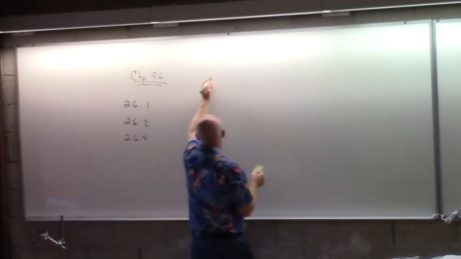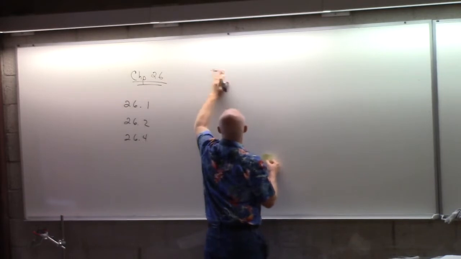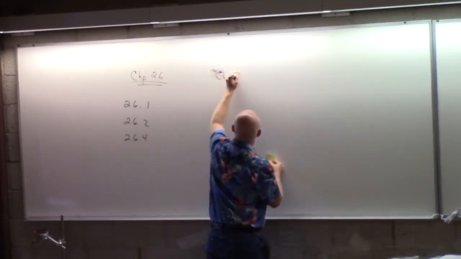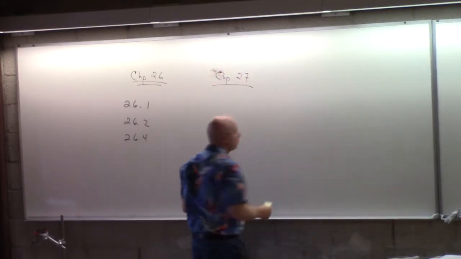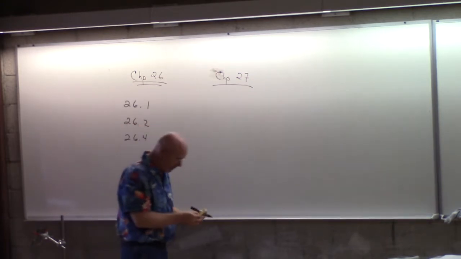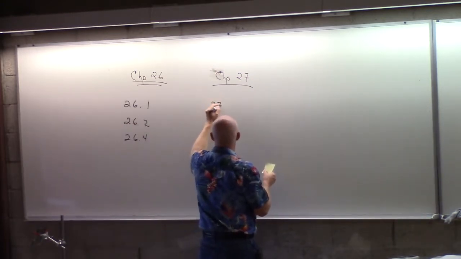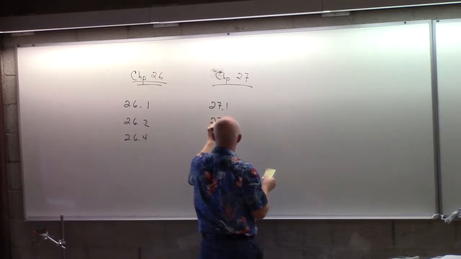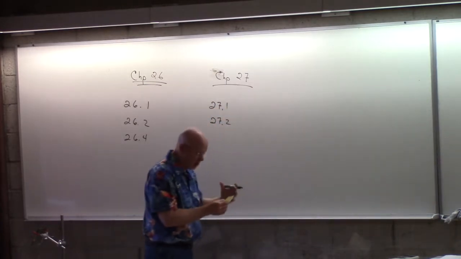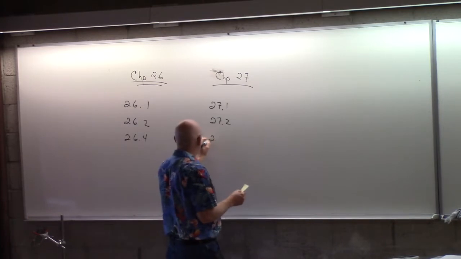Then when we get to chapter 27, which will probably start after the break, I want to look at sections 1 and 2, kind of give you the foundation, so we need to really focus on that.